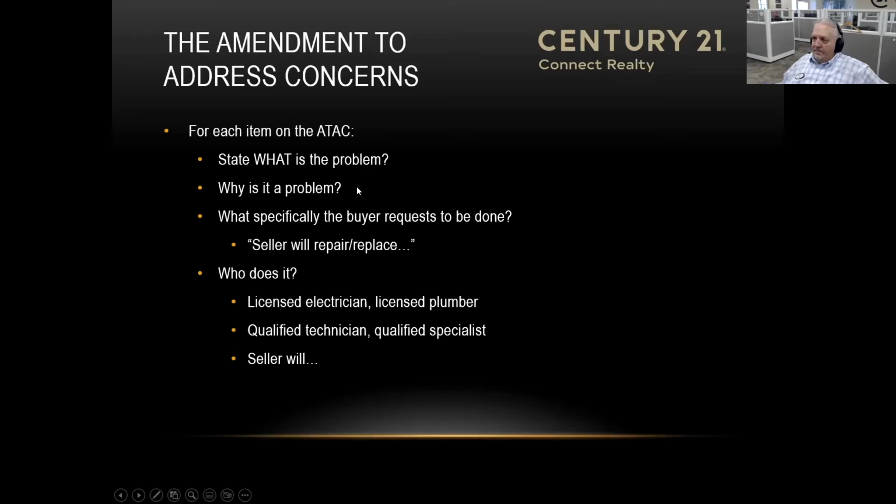Why is it a problem? Well, if it's a problem with the windows, that creates a safety issue because there's no egress. Then what specifically the buyer is requesting to be done. The seller will repair/replace is probably the best opening sentence.